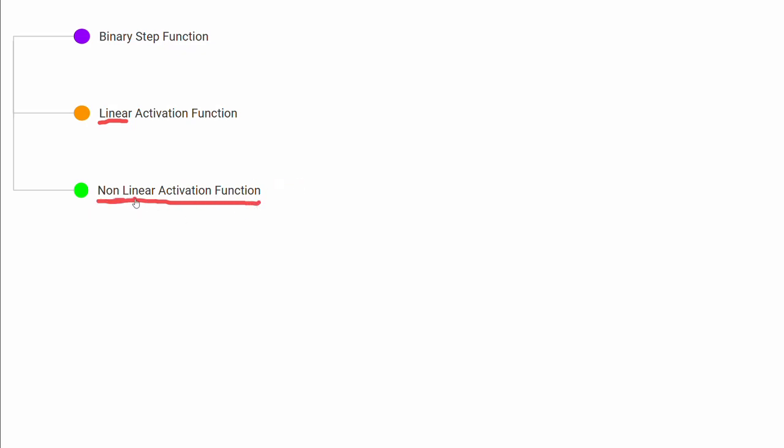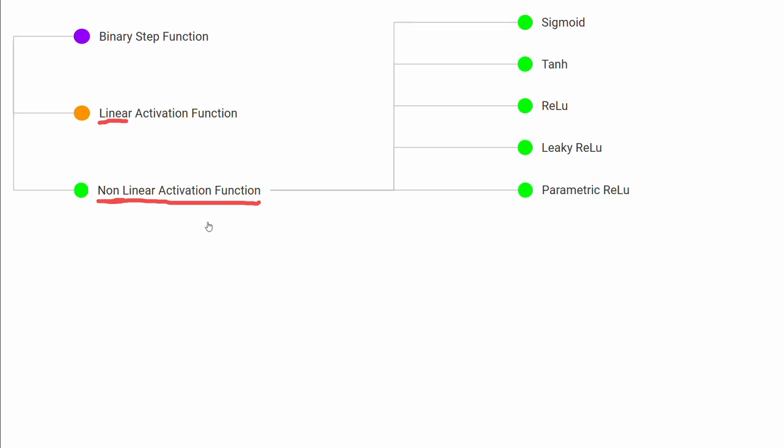In non-linear activation functions, I have brought up some of the most commonly used ones. First is the sigmoid activation function. Next is the tanh. Sigmoid and tanh are pretty similar. Then we have ReLU, rectified linear unit, and then leaky ReLU. Next is parametric ReLU.